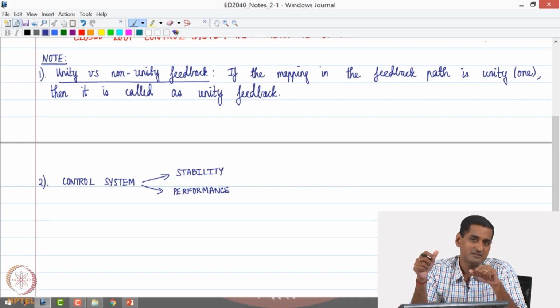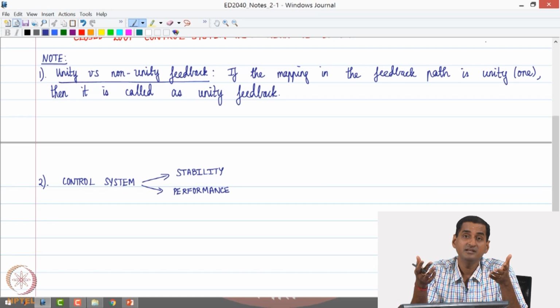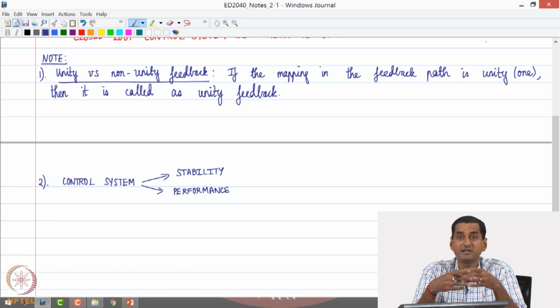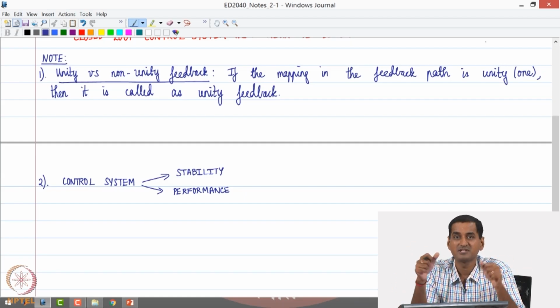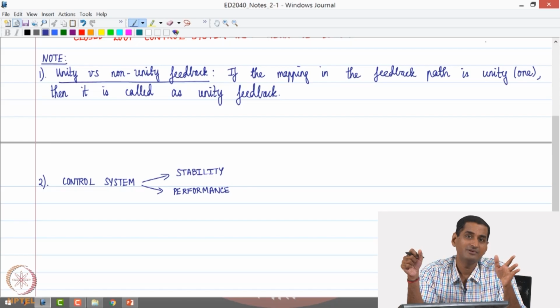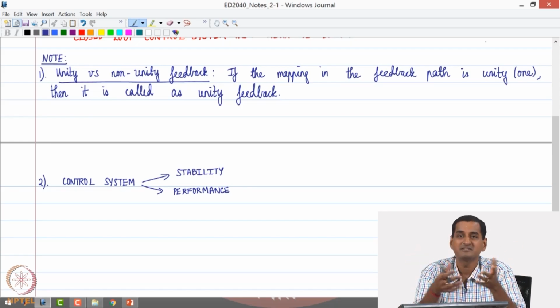What is performance? Performance can essentially be visualized through how fast, let us say, the system responds. Let us say I am designing one steering system and someone else is designing another steering system for the same car, right. Let us say both of us give the same input to the steering wheel. Let us say my car is able to take a turn faster and more accurately, then I would say that my steering system is performing better for that particular car, right.